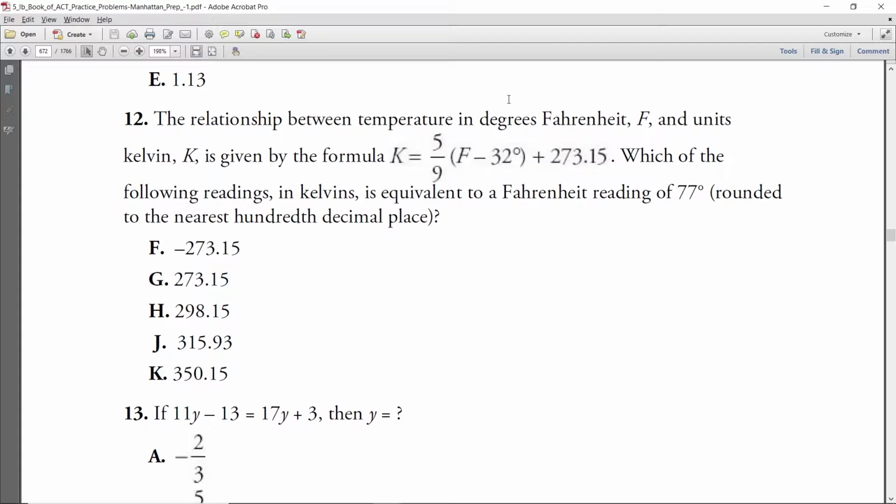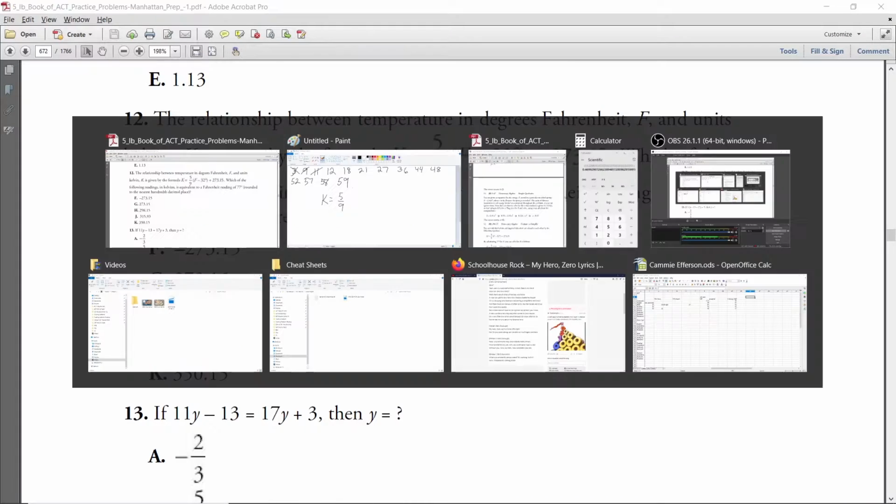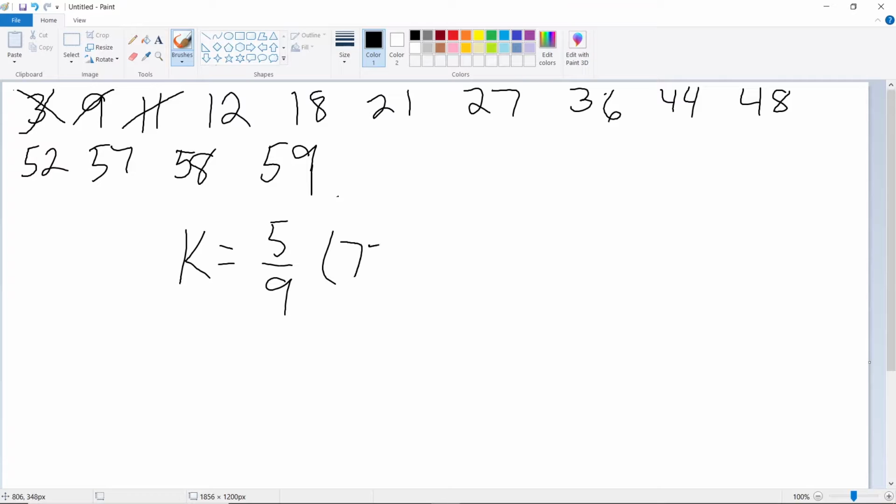Well, if we want a Fahrenheit reading of 77 and figure out what kelvins comes out to, we just have to plug in 77 for F. F stands for Fahrenheit. So kelvins equals 5/9, and it says Fahrenheit minus 32. Well, it's 77. That's what the question is asking for. 77 minus 32 plus 273.15.